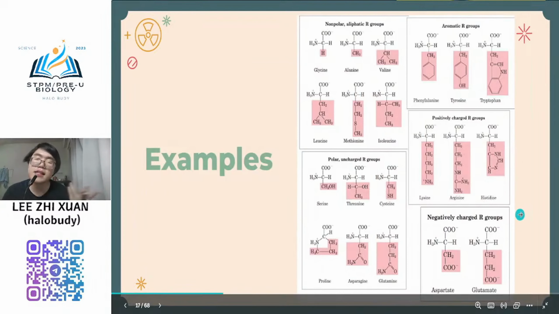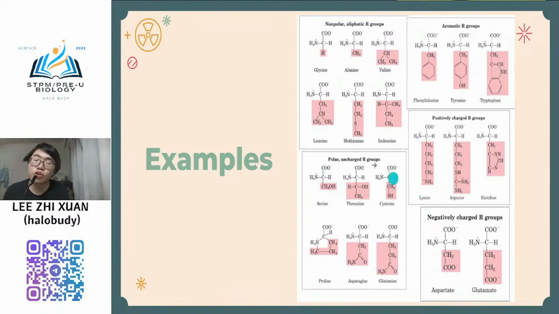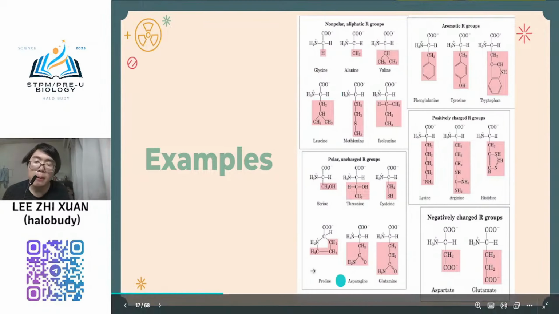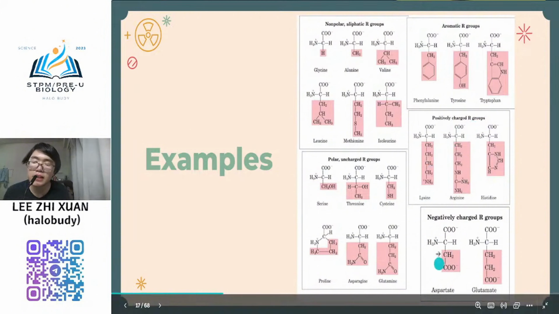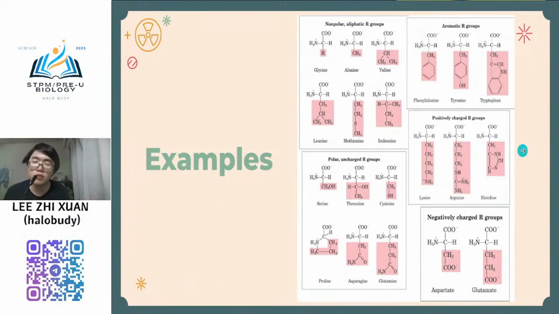So you see this diagram, there are a total of five main groups of amino acid: non-polar amino acid, polar amino acid, aromatic amino acid, positively charged amino acid, and also negatively charged amino acid. These five, you need to know.